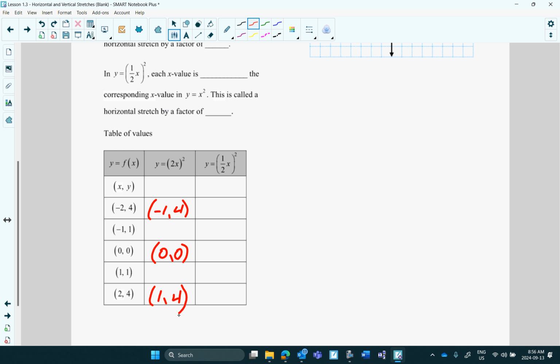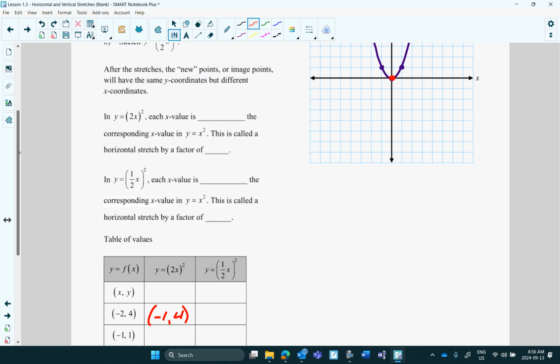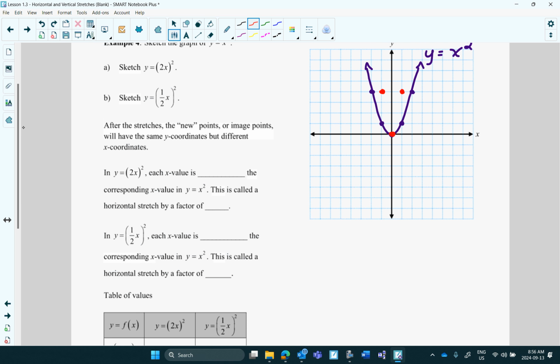Well, what about these on the original? If you look at these on the original, the new ones would actually be here. So when y stayed at 1, x actually moved to 1/2.